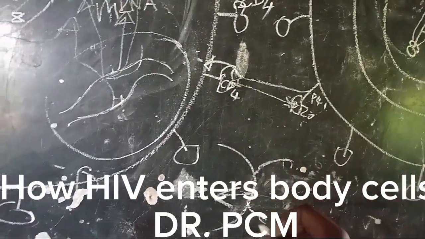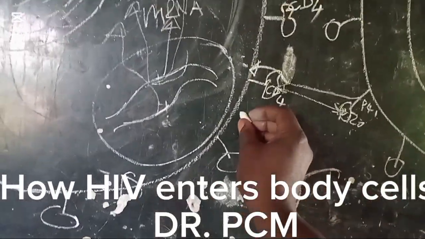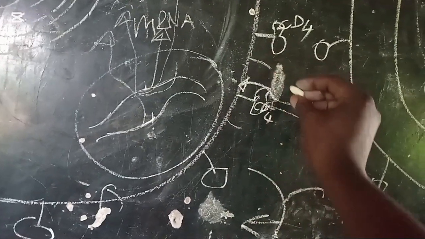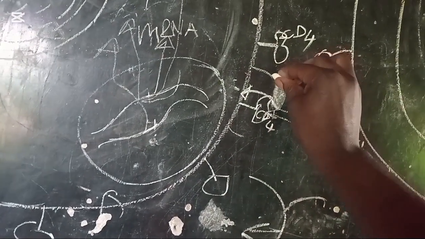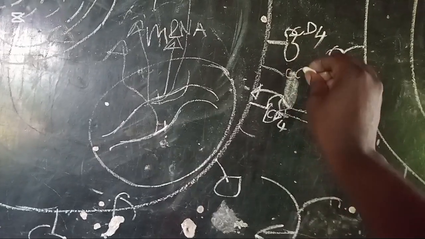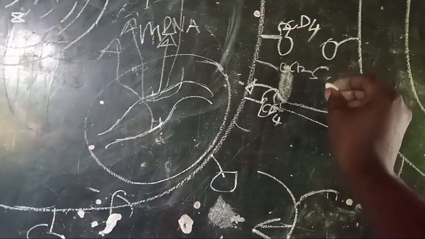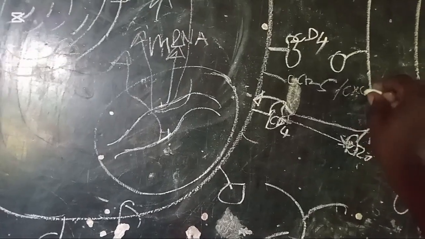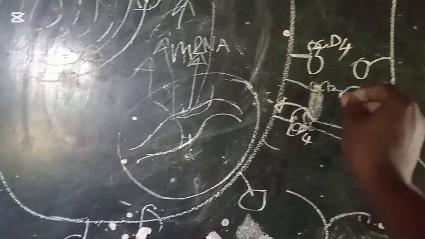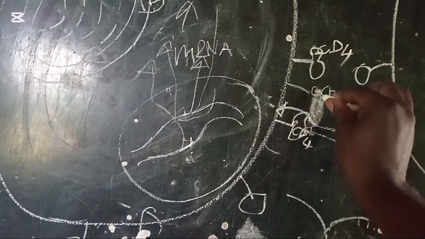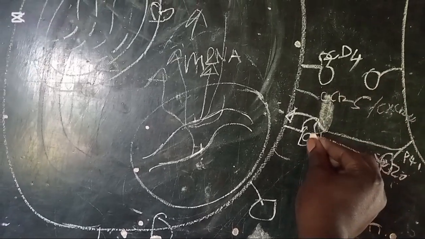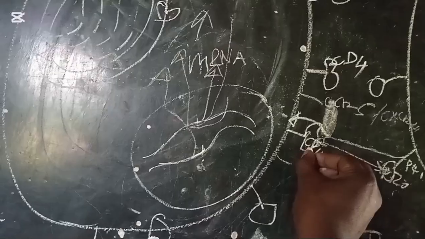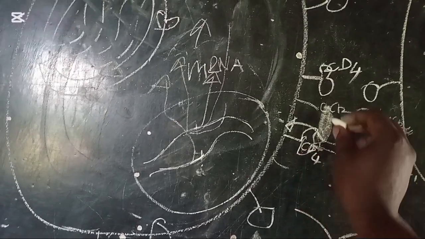But actually, slightly, we did not talk about here, I forgot to tell you something small here. There are some other components of the cell here. These ones are called the CCR5 and CXCR4.